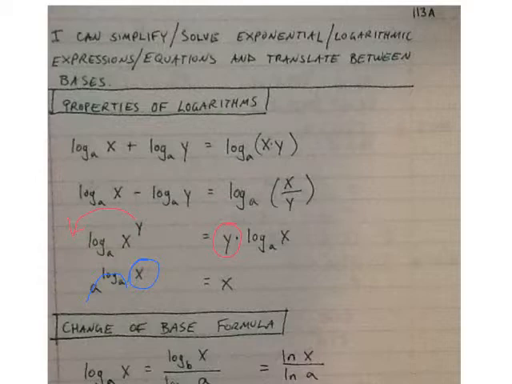A lot of times we see this when we have ln of, we'll say 27x. If we just take e raised to that power, that cancels that because there's a common base and leaves us with just 27x.